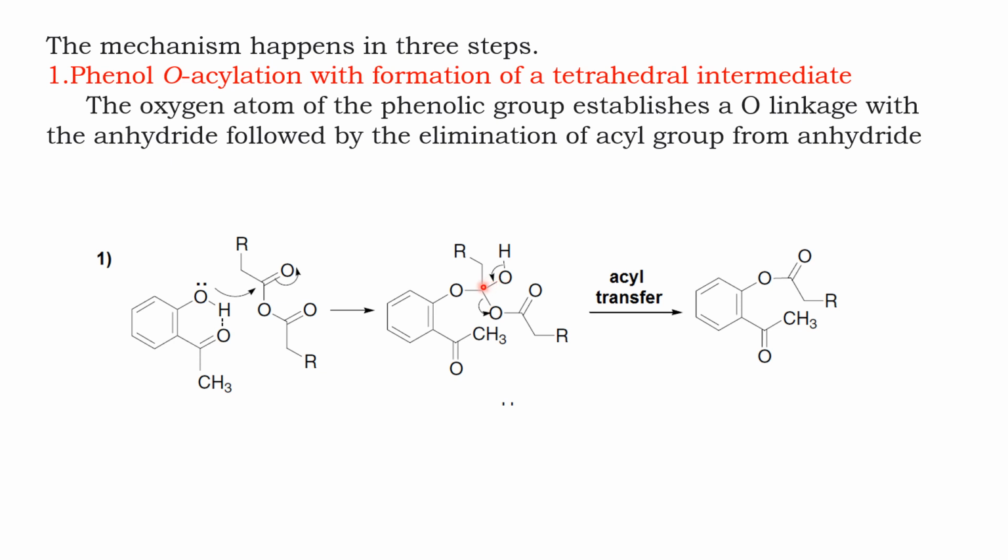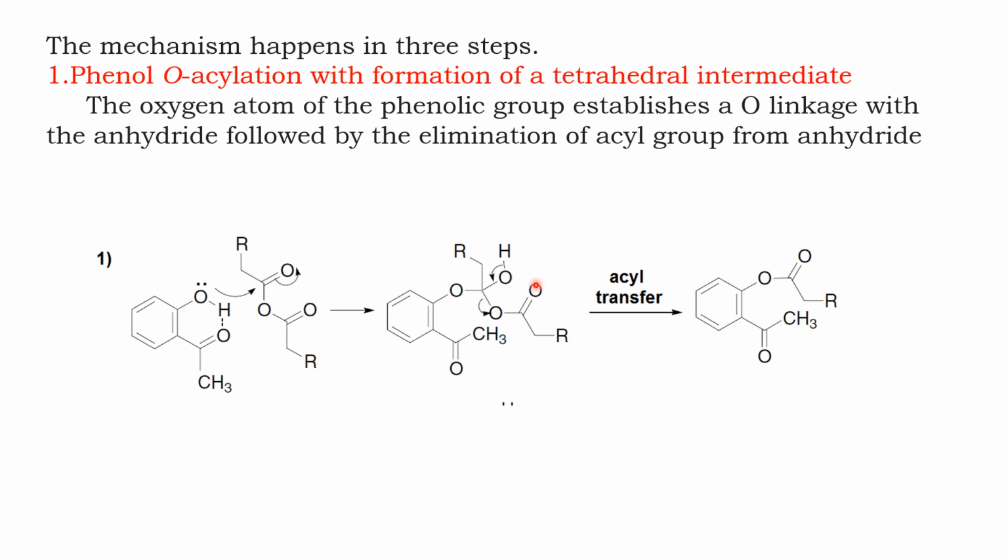When a C double bond O establishes here, this bond cleavage occurs, so that this particular acyl group will be eliminated, or transferred out from the acid anhydride.